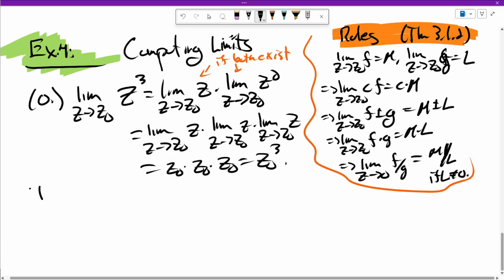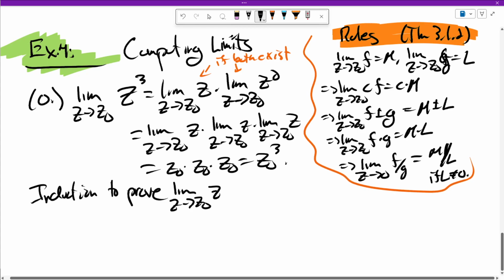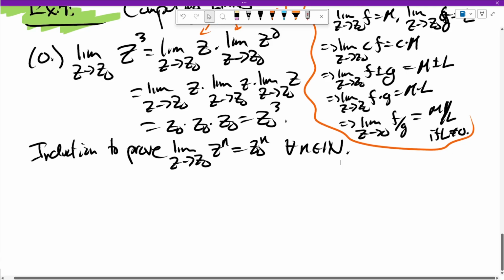And in fact, you can use induction to prove the limit as z goes to z naught of z to the n is z naught to the n for all n in the natural numbers. So we're going to use that over and over again for these problems.